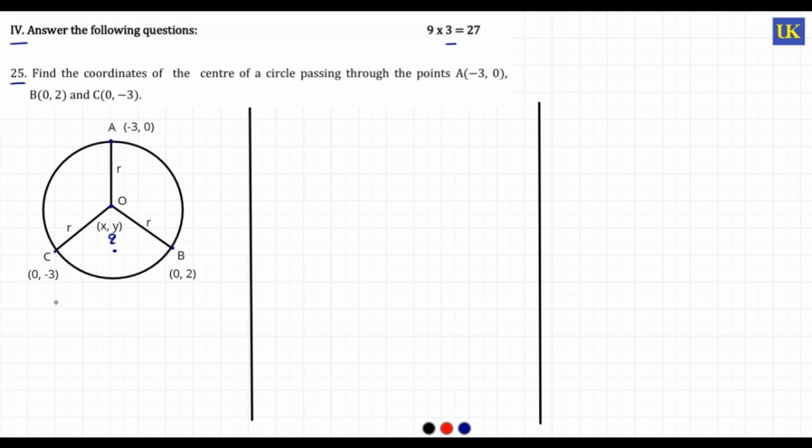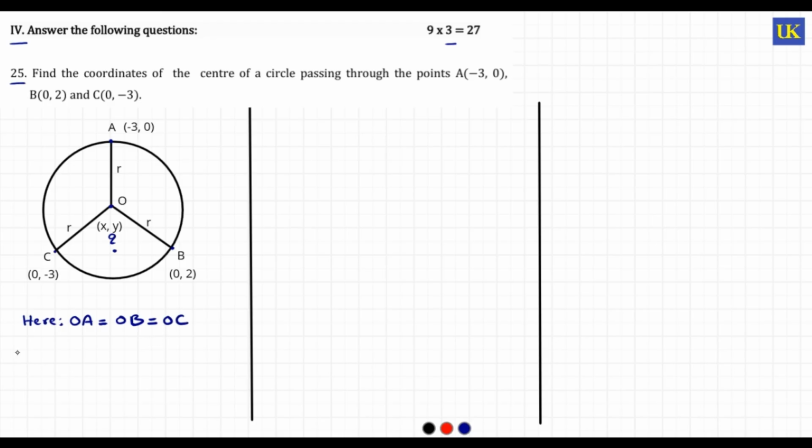Now if these points are on the circle and we join them to the center O, then all of these should become radii of the circle. If all these are radii, then we can say that OA is equal to OB, and in turn they are also equal to OC.